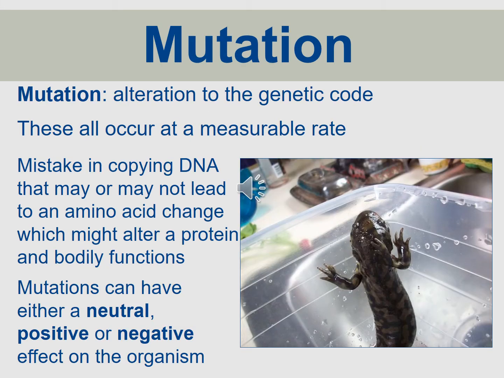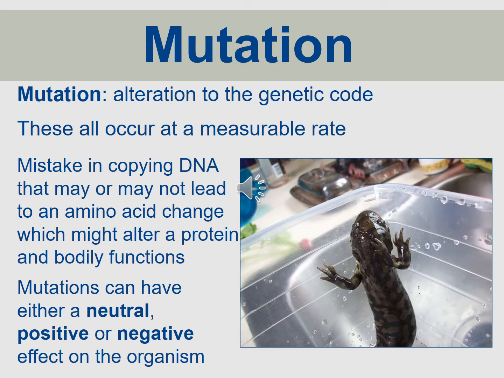Let's talk about mutation. And I'm not talking about mutants and X-Men and stuff like this. A mutation is basically just an alteration to the genetic code. It can be one single change. It's oftentimes just a mistaken copying that may or may not lead to a change in an amino acid.